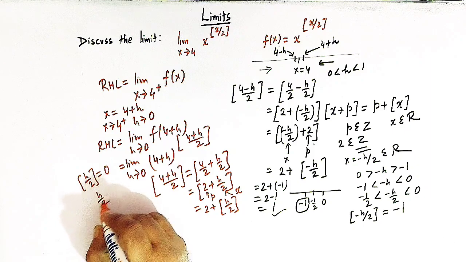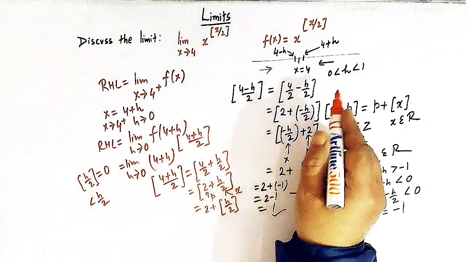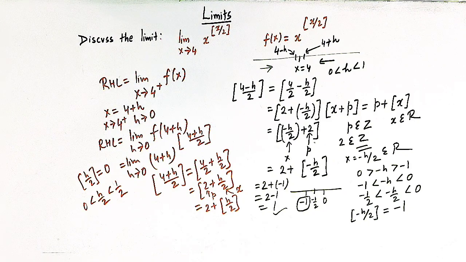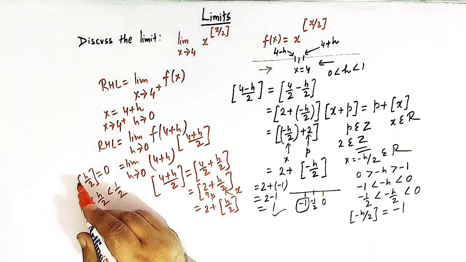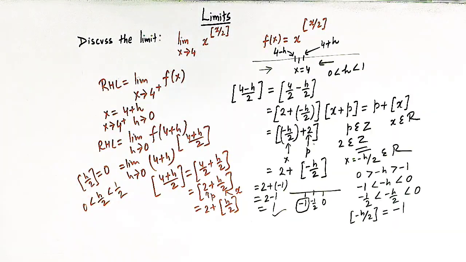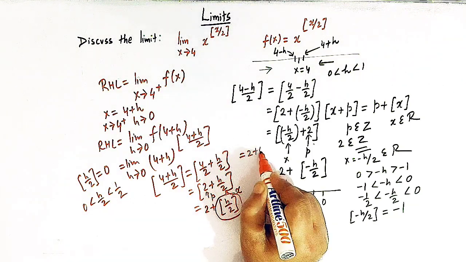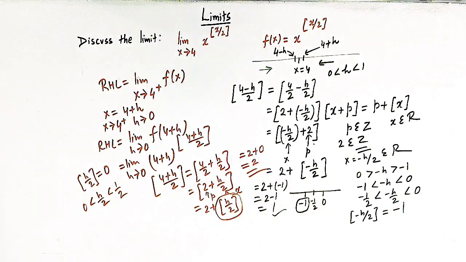So h over 2 should lie between 0 and half. So the greatest integer of h by 2 is 0. So here we have this term equal to 0. So now we can write 2 plus 0, that is equal to 2, right?